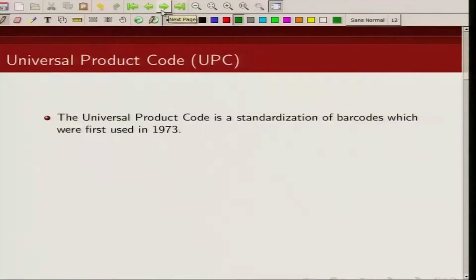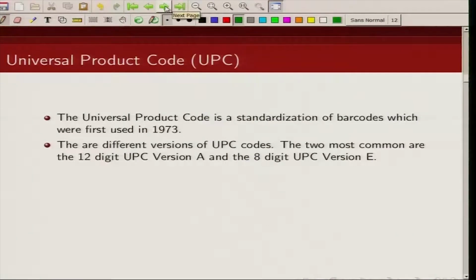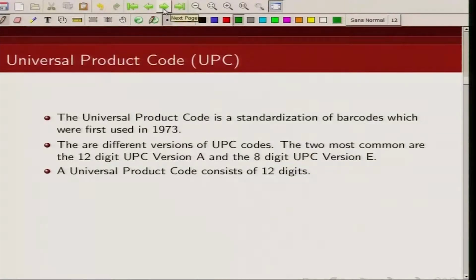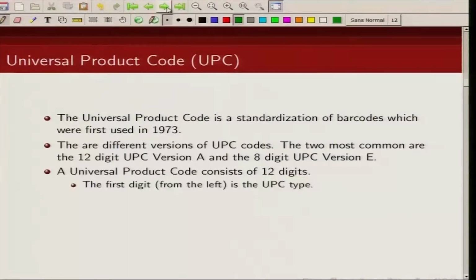Now the next application that we are going to talk about is the Universal Product Code. This was basically a standardization of all barcodes, which was first used in 1973. There are two versions of it. One is the 12-digit UPC version A, and the other one is the 8-digit UPC version E. A 12-digit UPC consists of 12 digits.